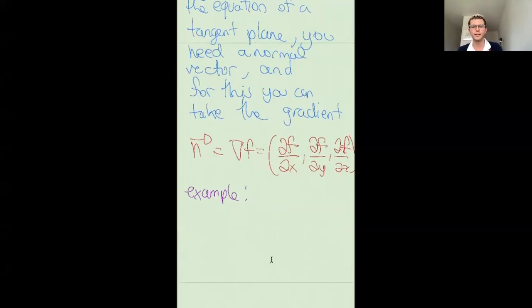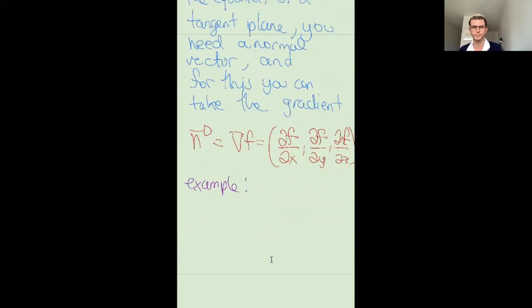Okay, so let's say, for example, that the function we're looking at is this one. It's not too complicated, so that I can plot it on GeoGebra.